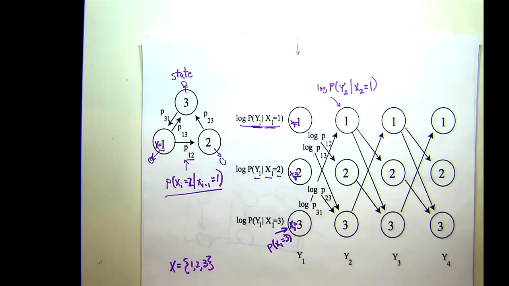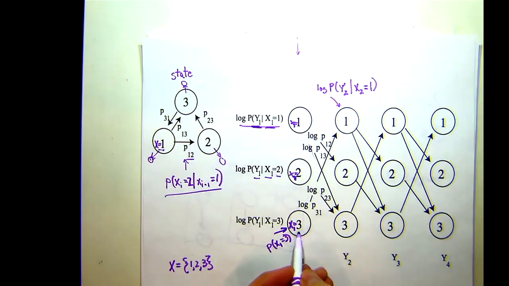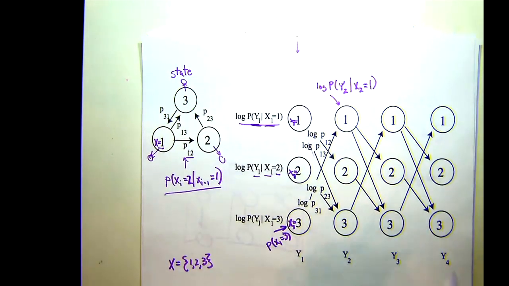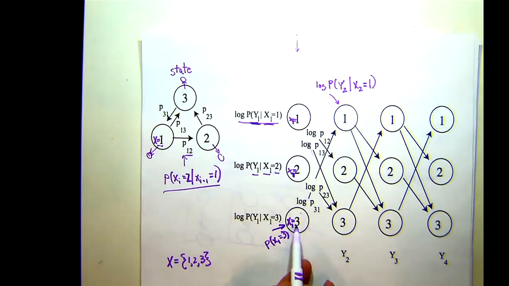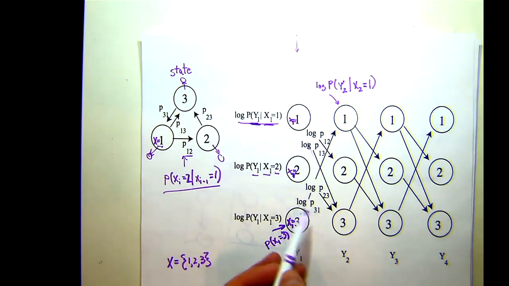Now, the nice thing about a trellis is that, first of all, it's going to make it so we can efficiently calculate this. But you can actually look at any given path and figure out what the probabilities are just by adding all the probabilities along the path together. So if I wanted to know the probability of going from 3 to 1 to 2 to 3 as a sequence, given this y sequence, all I would do is add together the probability of starting in 3, the probability of this emission given state 3, the probability of going from 3 to 1, and then repeat.